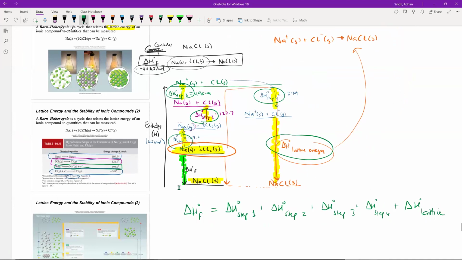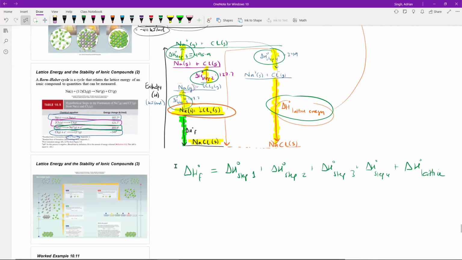Okay, and we have these numbers. We can go ahead and plug these numbers in. All right, so I have my delta H of formation that I can look up. That is equal to negative 411 kilojoules per mole. Delta H for step 1 is 107.7. Plus the delta H for step 2, that's 127.7. Plus the delta H for step 3, 495.9.